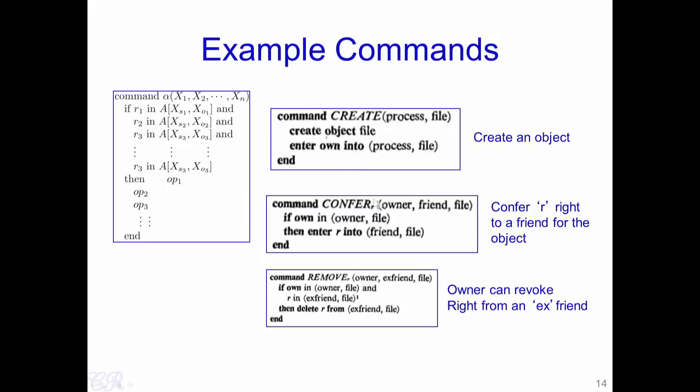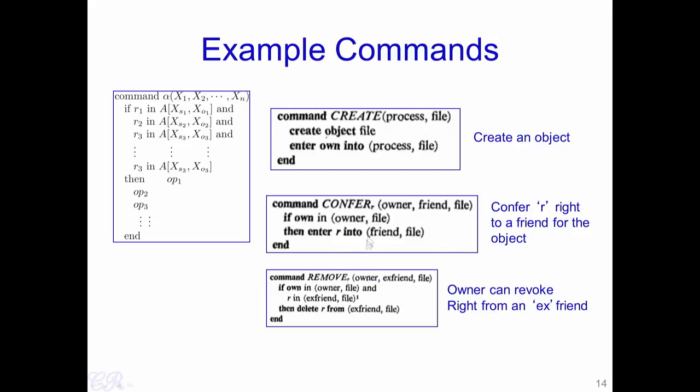So, we could have something a bit more complicated like this particular example, that is confer R, owner, friend, file. Owner and friend are the subjects and file is the object over here, and what is intended by this particular command on the access matrix is that we want to confer right R, which is present over here, to a friend for that particular object. So, this owner wants to confer the right R for the friend with respect to this particular file.